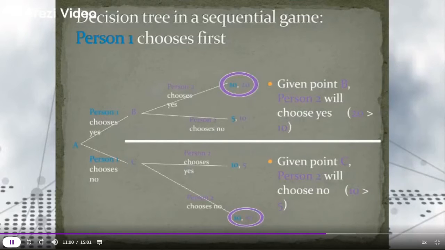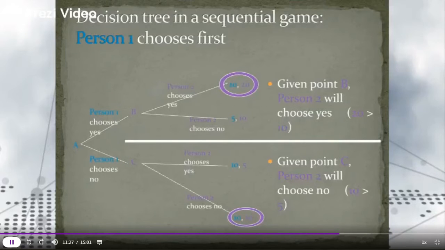Of course you can say then the person who is moving first will always have the advantage of foreseeing what the other players are doing and taking the decision. Yes, the player has that advantage. The first player who comes into the game has the advantage that he can foresee things and then take a decision. That's why it's called the first mover advantage as well.